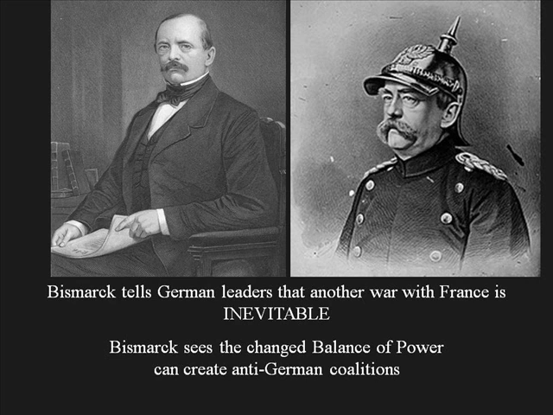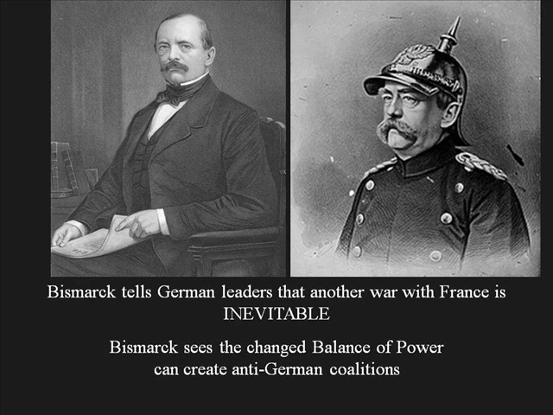Bismarck goes to the German leaders, especially the foreign policy and military leaders, and says, France is going to attack us at some point. So he says, war against France is inevitable. It will happen at some point. The trick that Bismarck wants to use to win that future war is to separate France diplomatically from the rest of the Europeans.